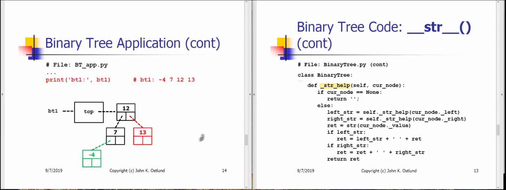On slide 14, we're reminding ourselves what bt1 currently contains. bt1 is a binary tree object where _top refers to a hierarchy of 4 BT nodes. And let's walk through what happens when bt1 is printed. Okay, so when bt1 is printed, the str function is automatically called.